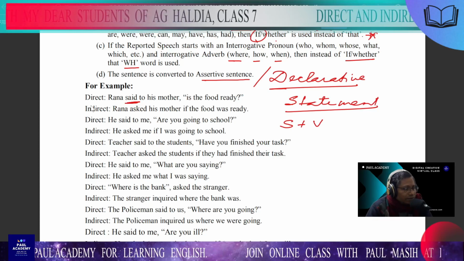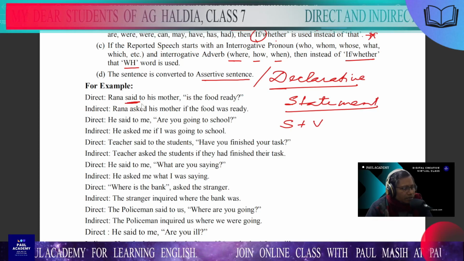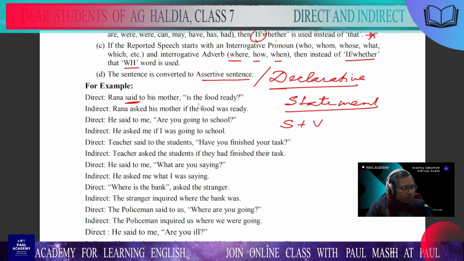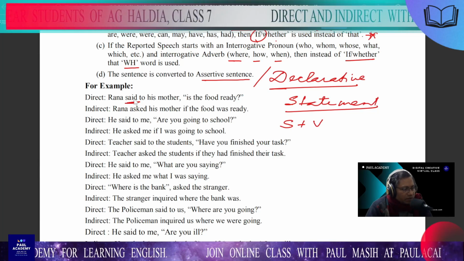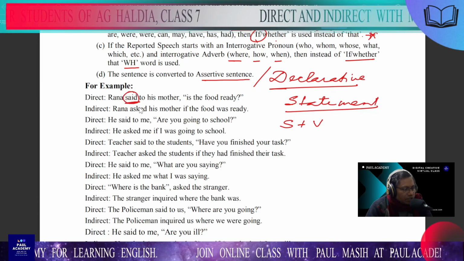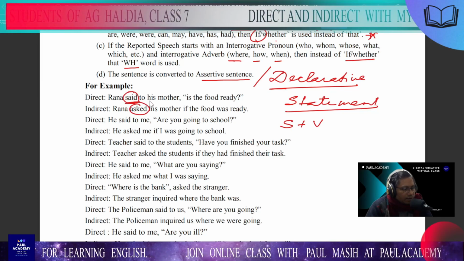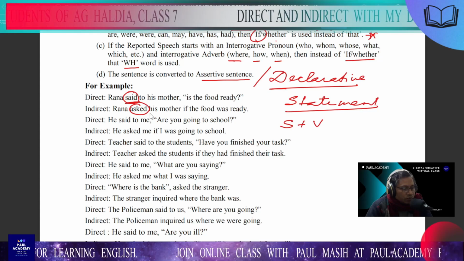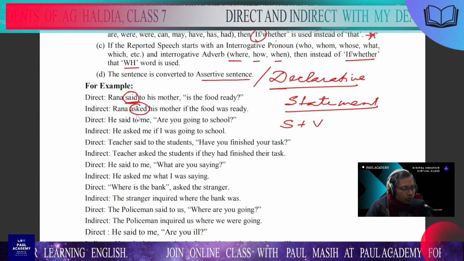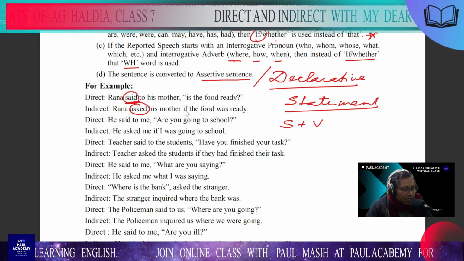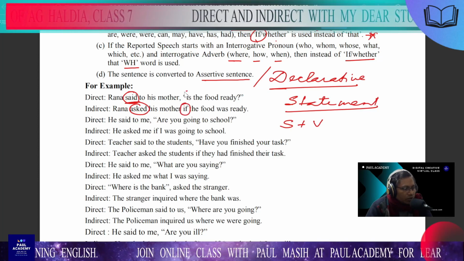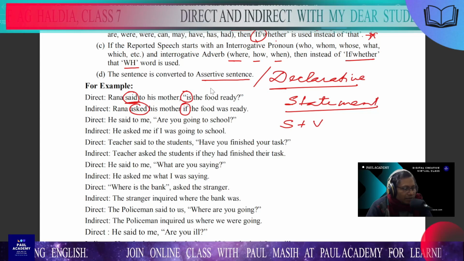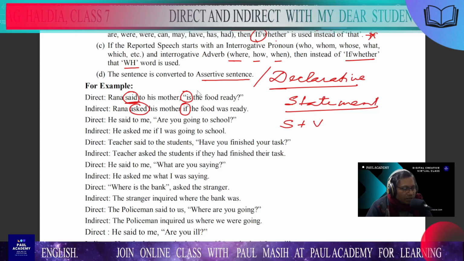So let us take this example, the first one, direct. Rana said to his mother, "Is the food ready?" Rana asked his mother. The reporting verb said changes into asked. Don't use asked to, because after ask we don't use to. Asked his mother if the food was ready. Why if? Because it is a yes-no question. Why is it a yes-no question?